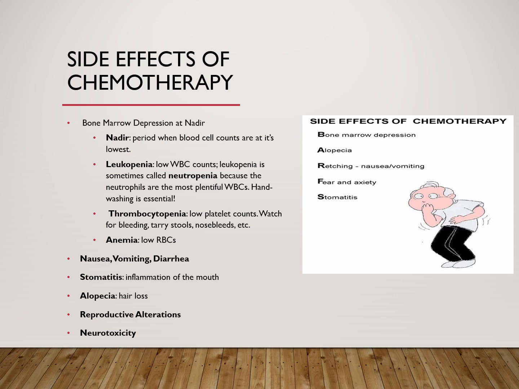The reproductive system is also affected by chemotherapy or radiation. It can cause permanent or temporary changes in the reproductive system. Chemo can actually damage sperm and ova, the egg. You have issues concerning fertility that should be discussed with the patient prior to treatment.